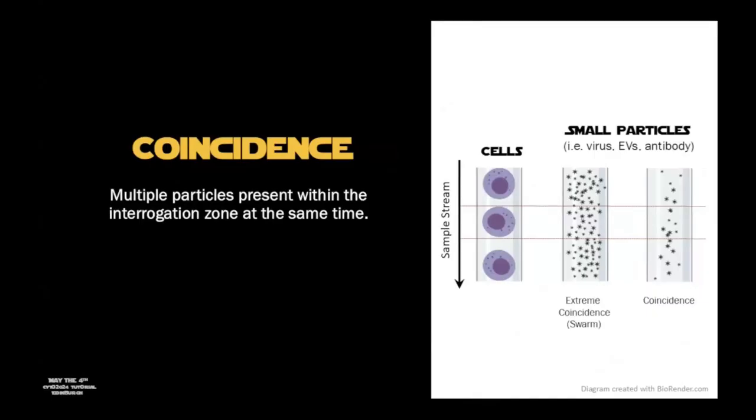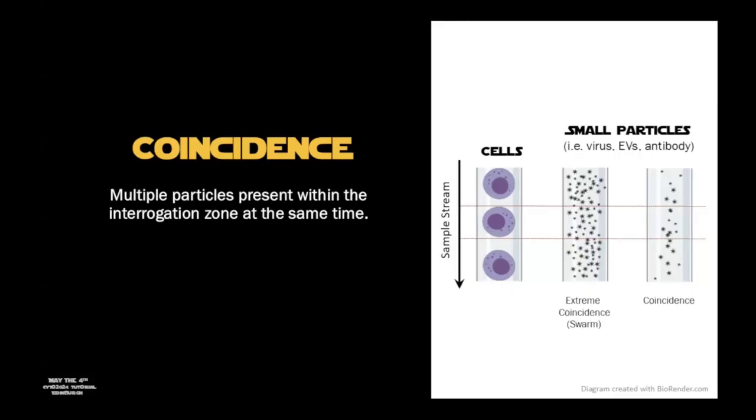So if you look at this figure on the right here, you see cells going through the sample stream. Now, the cells are quite large. They essentially take up the width of the sample stream, so it's fairly difficult to get more than one cell to come through. However, if you like to run your sample on high, then generally this does allow that core stream to be wide enough to have multiple cells.